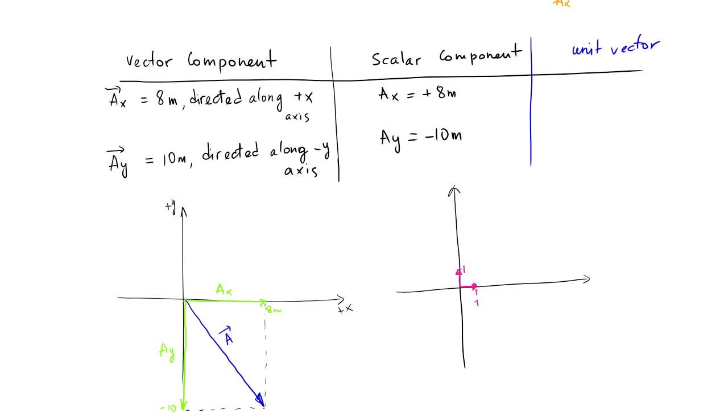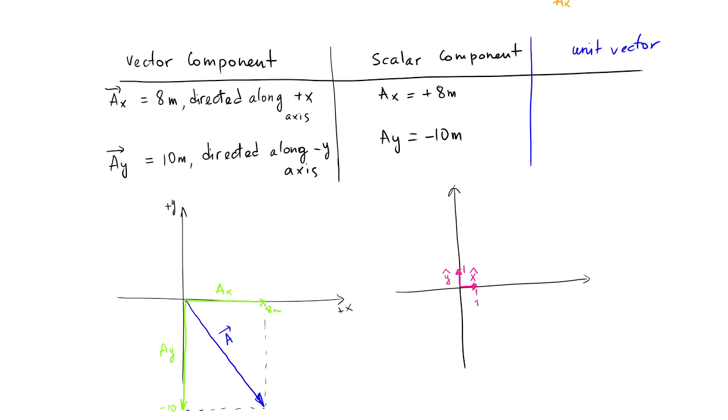This is known as a unit vector. The notation for a unit vector would be x with a hat on top, and for y, y with a hat on top. So x hat and y hat are dimensionless unit vectors of length 1 that point in the positive x direction and y direction.